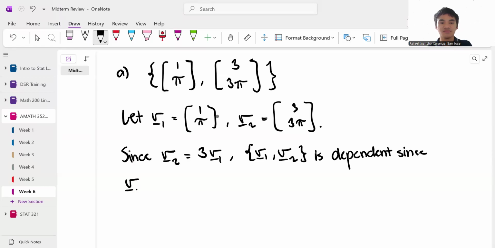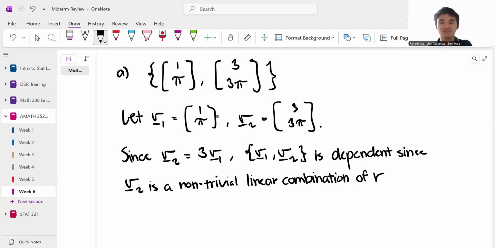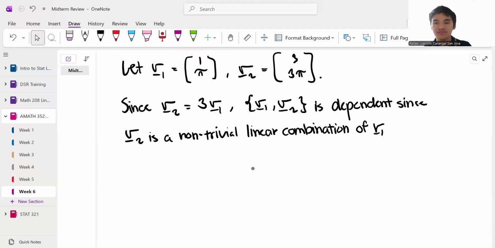Since V2 is a non-trivial linear combination of V1, right? This is true. Now, what else can I say?